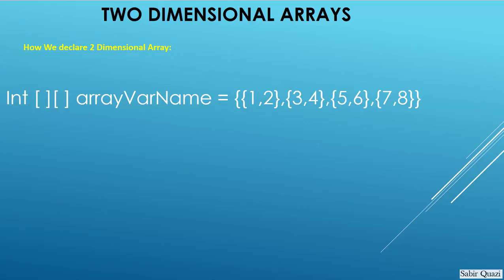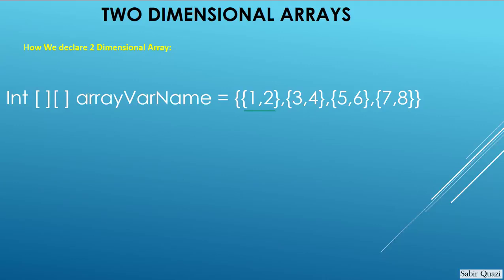How do we declare the array? First we use the integer type, which is the data type of the array. These two brackets say that the first bracket defines the rows, and the second defines the columns, similar to an Excel sheet. The array var name is the variable name of this array.